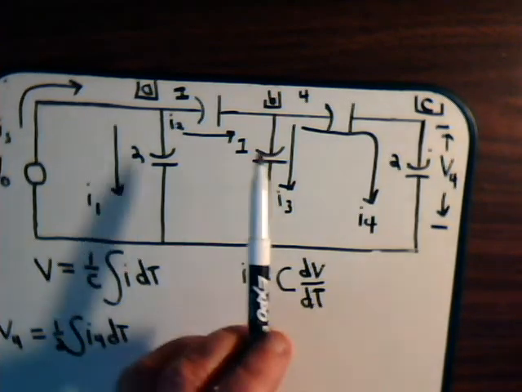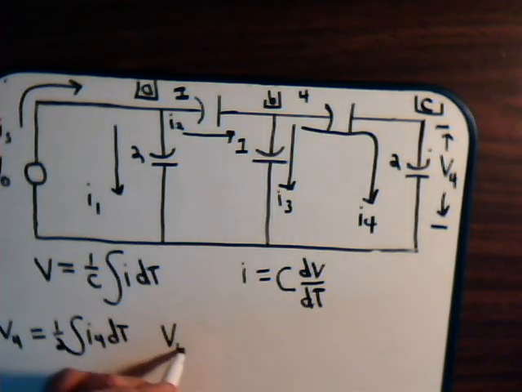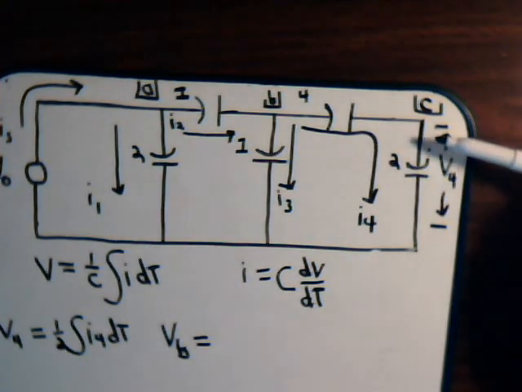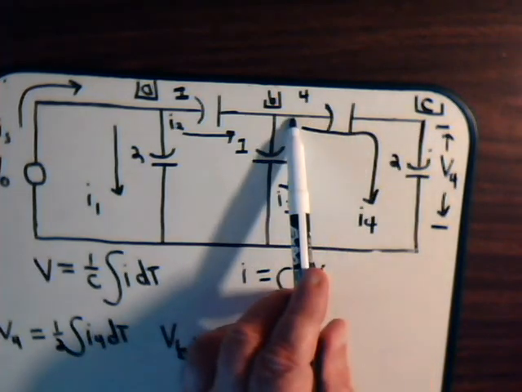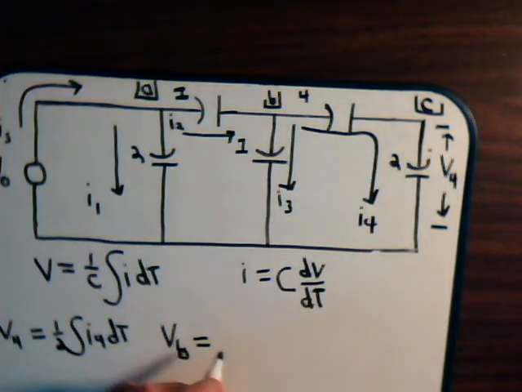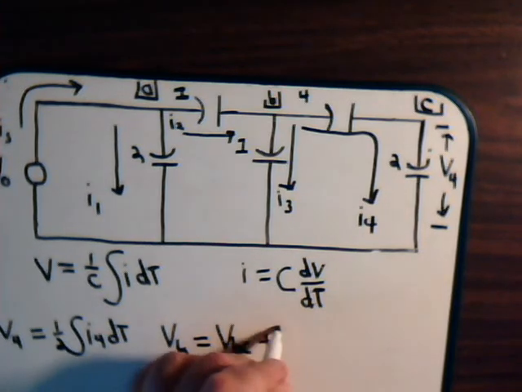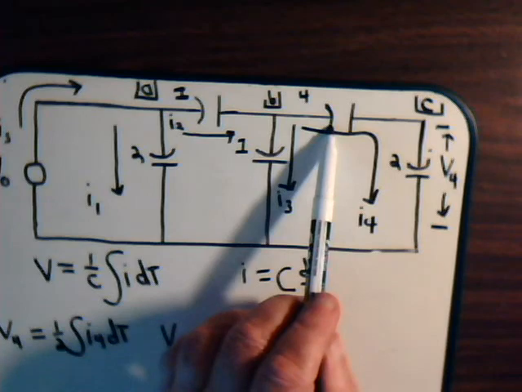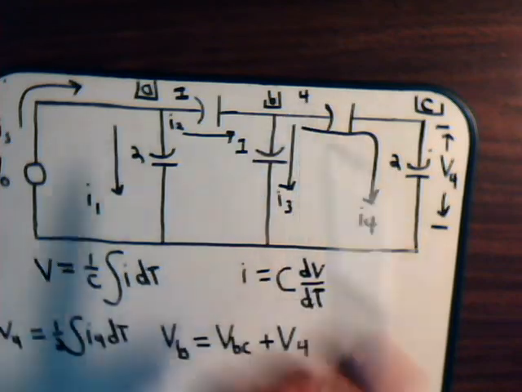Now what about the voltage at this point, VB? Well, that would equal this voltage plus the voltage across that capacitor, voltage VBC. So that equals VBC plus V4. And VBC, again, here we have a capacitor. We know the current going through it. It's I4. And its capacitance is 4 farads.